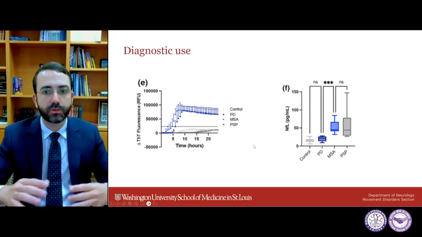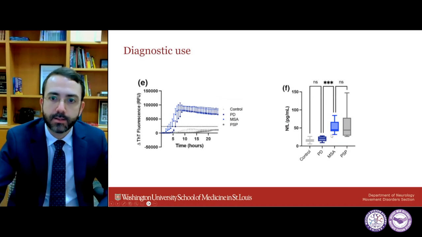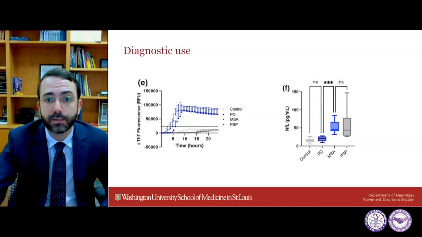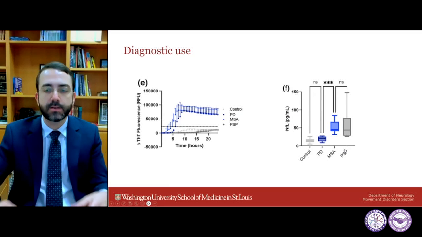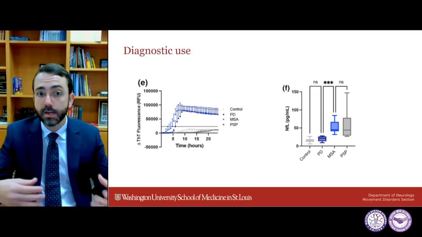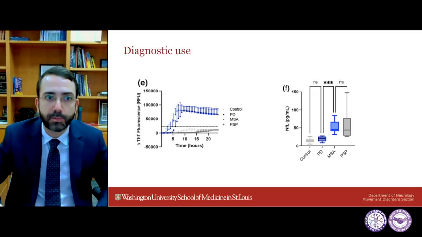Therefore, it can allow us to differentiate those that accumulate alpha-synuclein. But on the other hand, patients with MSA have higher levels of neurofilament light chain, as we discussed before. So we could combine these two results and demonstrate that we could appropriately identify patients with MSA among those with unspecified Parkinsonism.